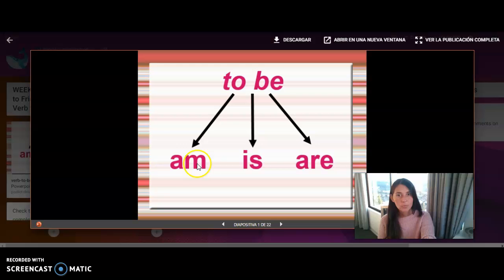We use am for I am. We use is for third person singular: he is, she is, it is. And we use are for all of the rest: you are, they are, we are, in plural. So for plurals and you, we use are.